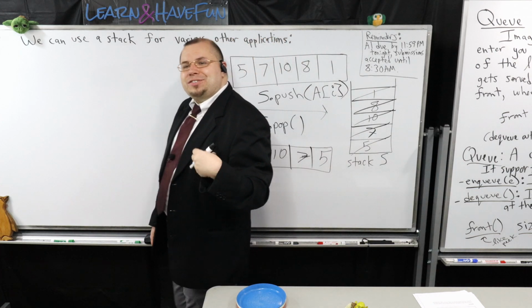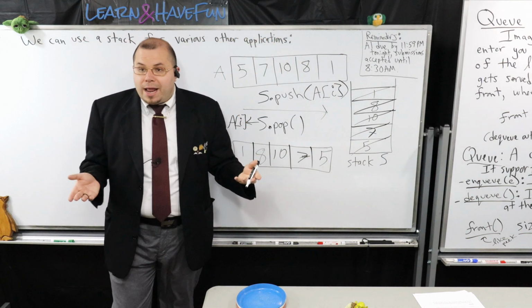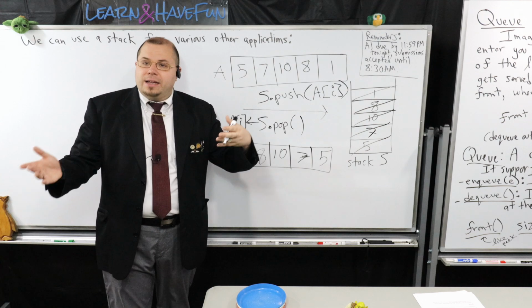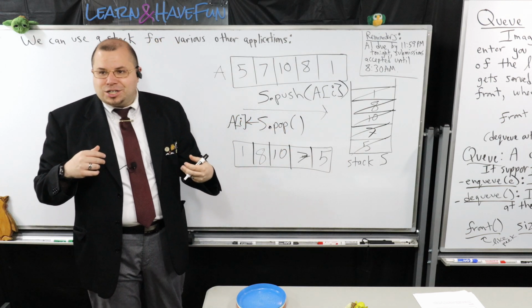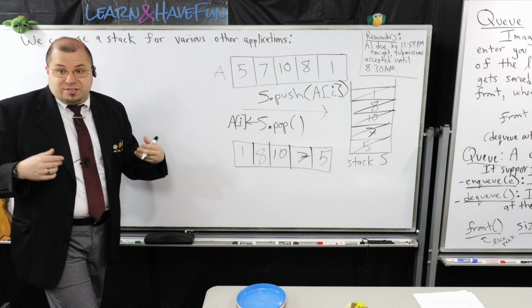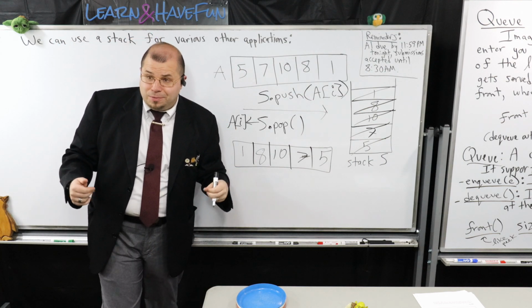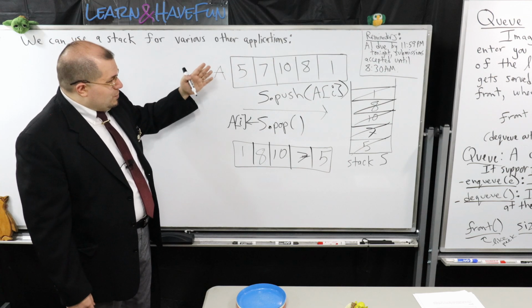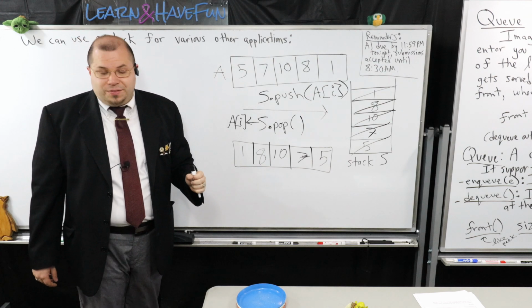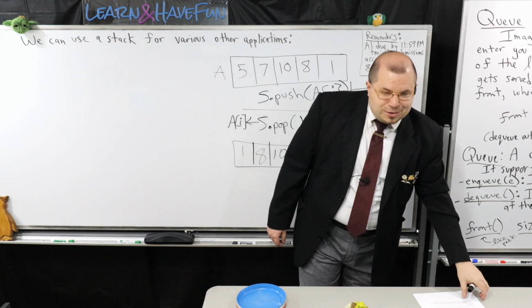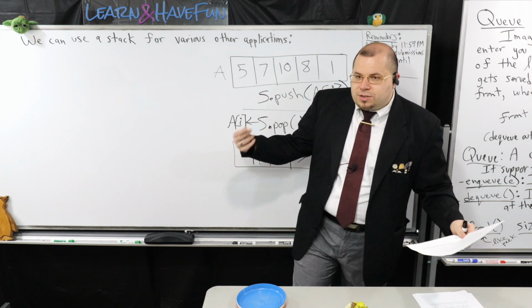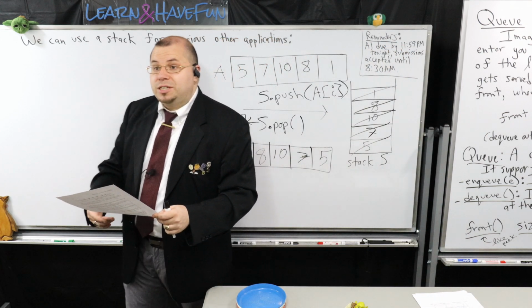So if you ever find yourself needing some generic way of reversing data in a collection like an array, you could do a very similar exercise using a linked list, for example. You could actually use a stack to achieve this. So you have a very general way of reversing data, and a stack is able to achieve this.